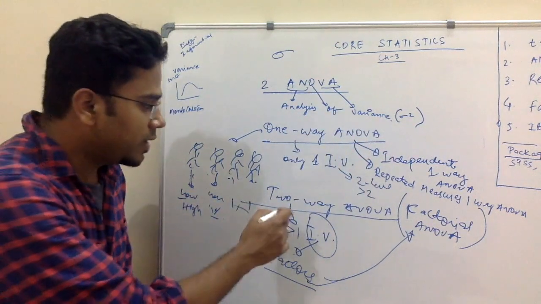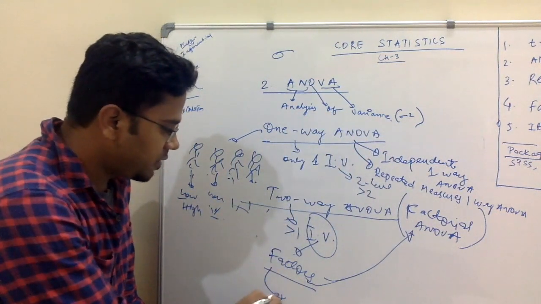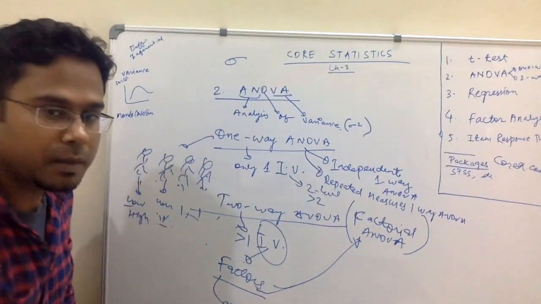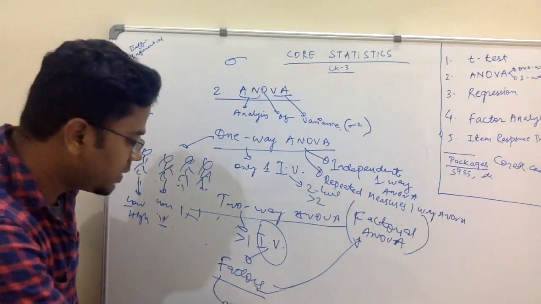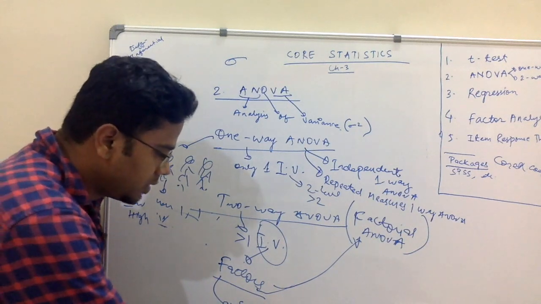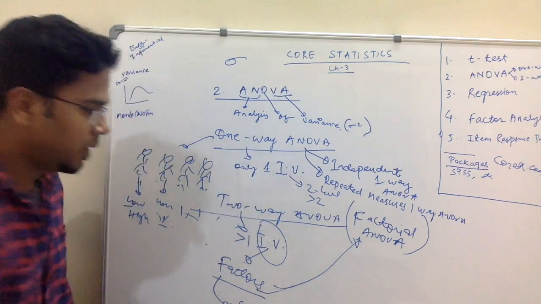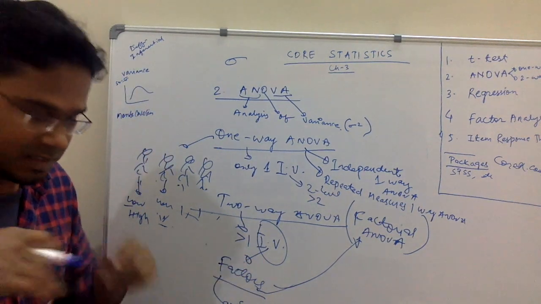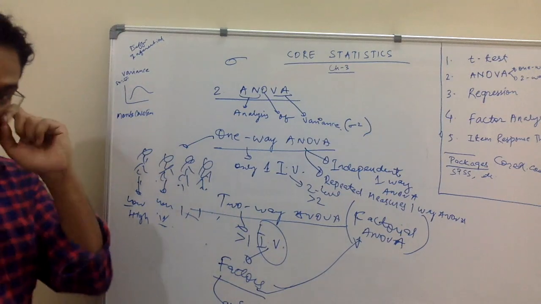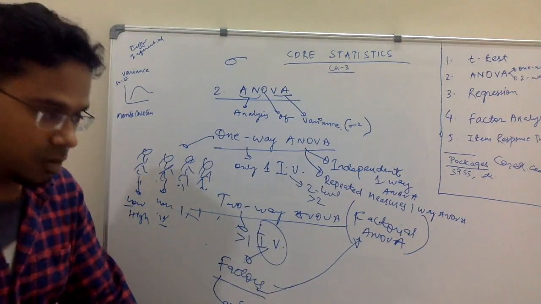So in factorial ANOVA also we have two things. Actually, we have three things. Single measure, in which there will be more than one independent variable. Let's say there will be temperature, which can be varied high and low, and there can also be one more thing.